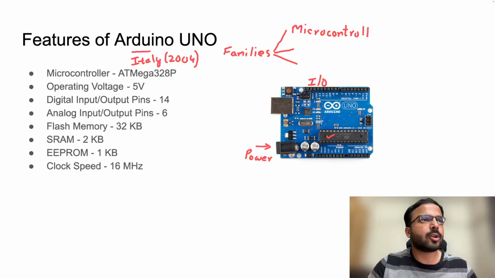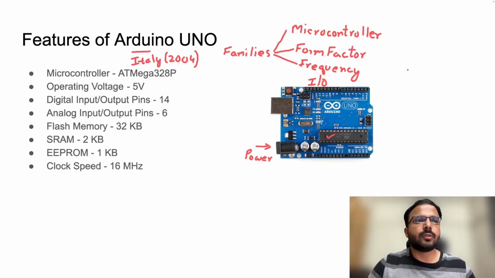Because there are several microcontrollers as we saw in our first session. Then what is the form factor or the use case, and then what is the frequency we want to set the application or use the application for. So based on this, there are several families of boards. So let's list down some common known families. So around four common known families are there.